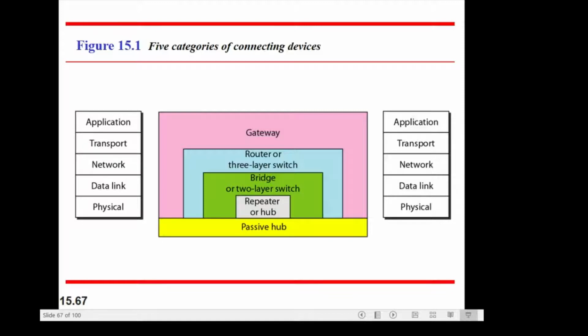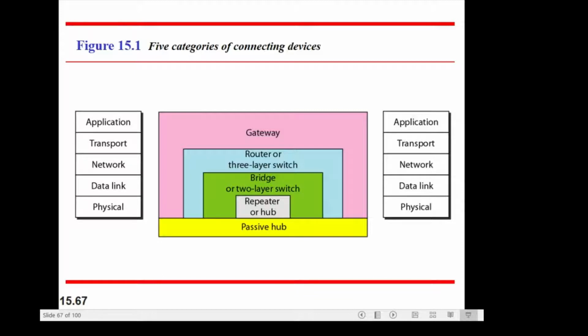First, we have those which operate below the physical layer, such as the passive hub. The second category is those which operate at the physical layer, for example the repeater or an active hub. The next one is those devices that operate at the physical and data link layers, which refer to the bridge or 2-layer switch.